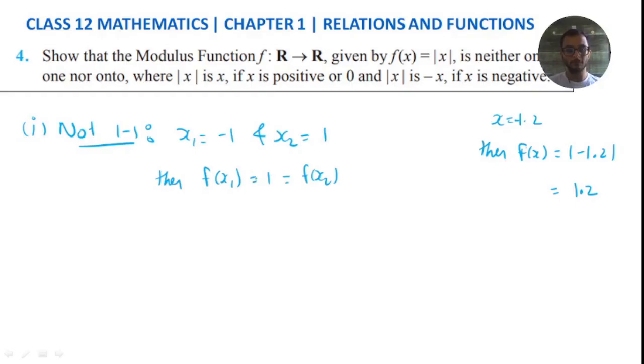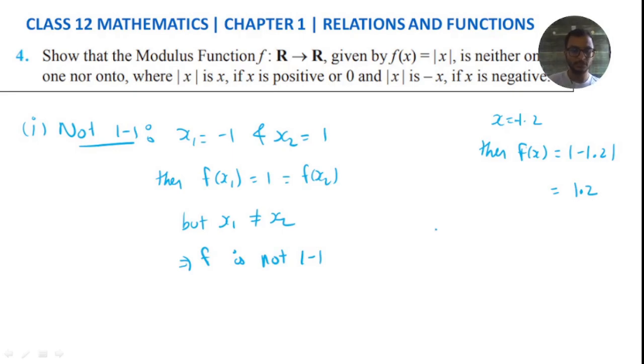But the two points are different, x1 is not equal to x2, which implies f is not one-one. I am giving you one task. You should find how the graph of mod x will look. You should try it yourself, not just look it up anywhere.